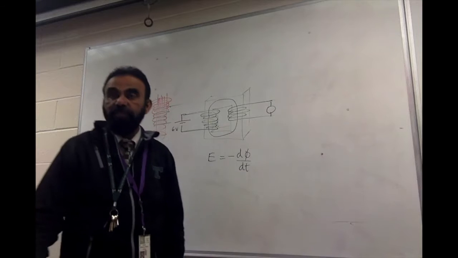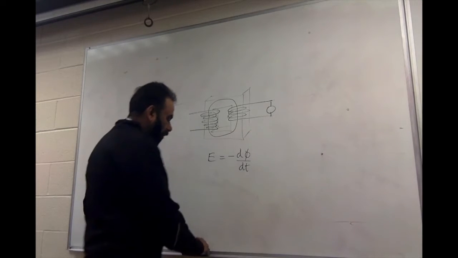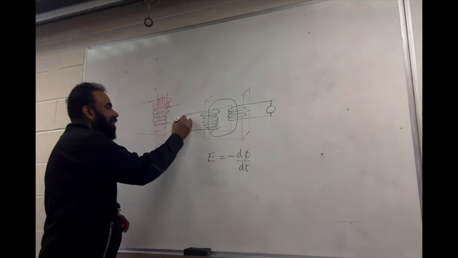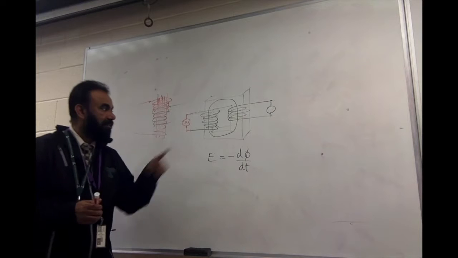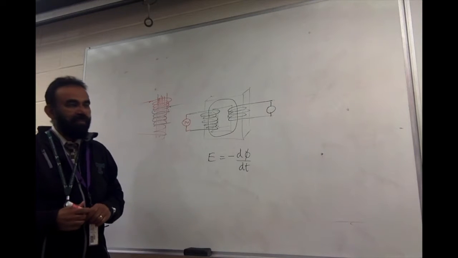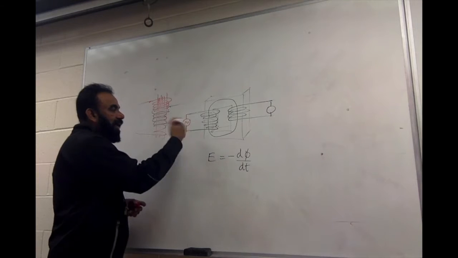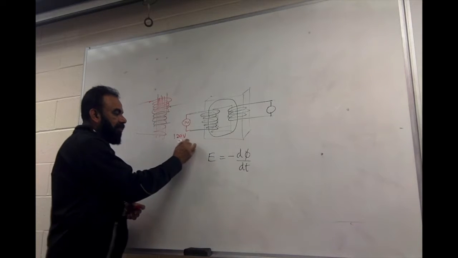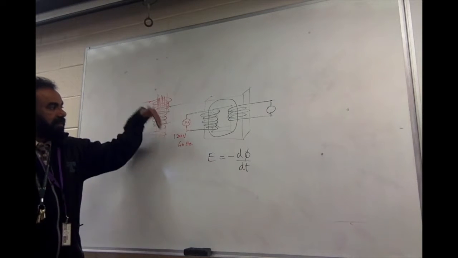And so a transformer is always used only with AC, alternating currents. It's fluctuating. So that one is 110 or 120 volts at 60 hertz. So it's fluctuating at 120 volts, 60 hertz, up and down.